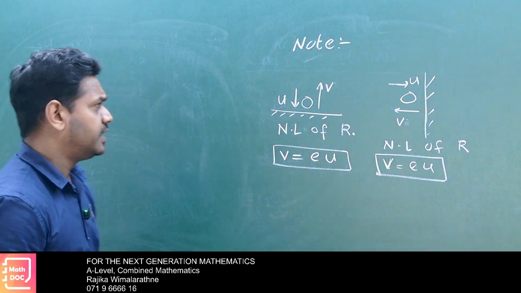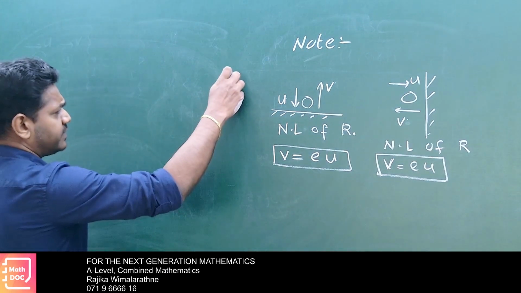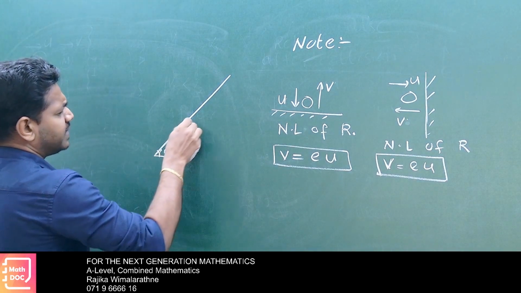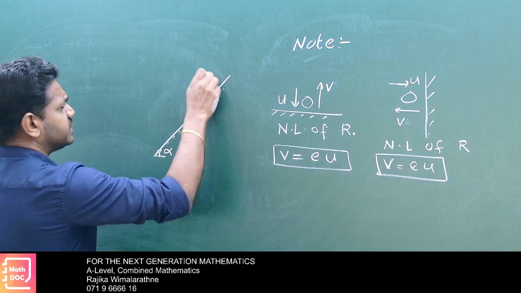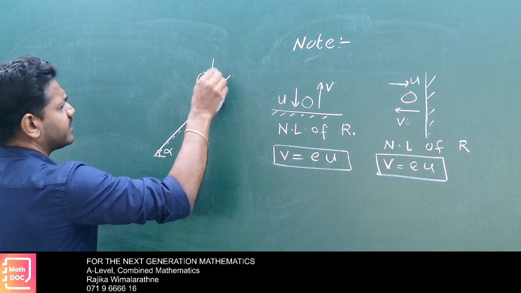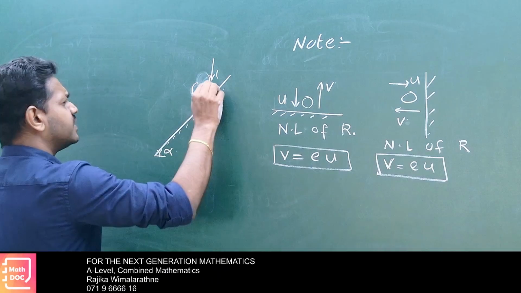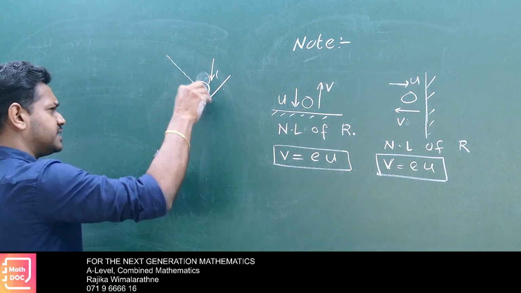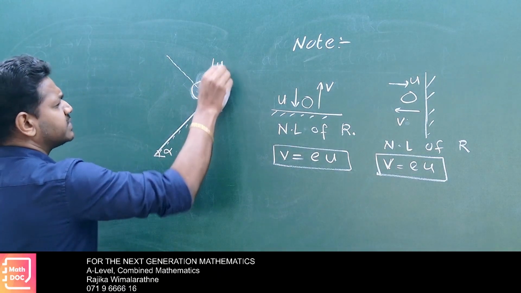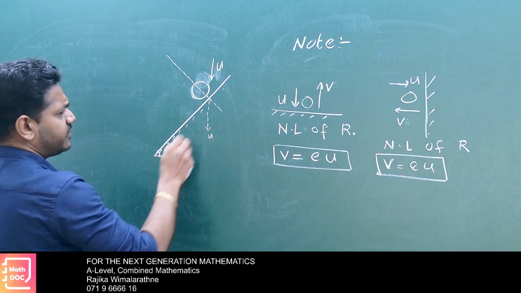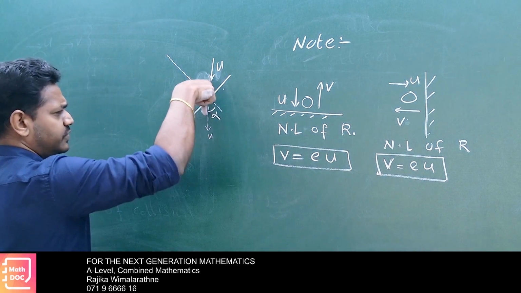Okay. Now further, consider this one. Here is an inclined plane with angle alpha. The particle moves with velocity u this way, but the collision happens along this direction. So when you resolve u, with angles alpha and 90 minus alpha, you get u cos alpha.